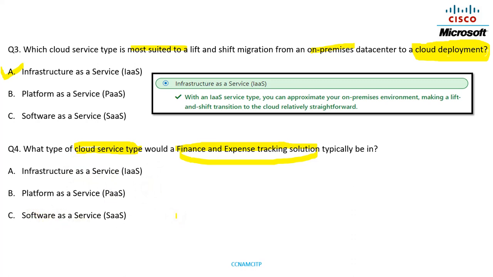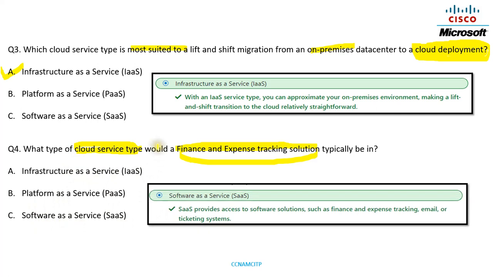The correct answer is software as a service, because you are asking for a ready-made solution. For finance and expense tracking, you should look at the question logically. You should not learn things by heart, you should look logically at the questions.